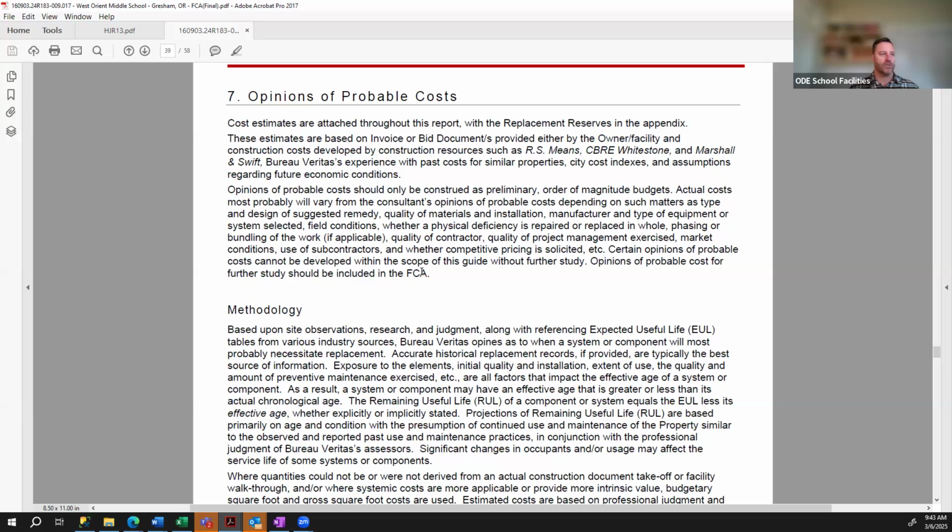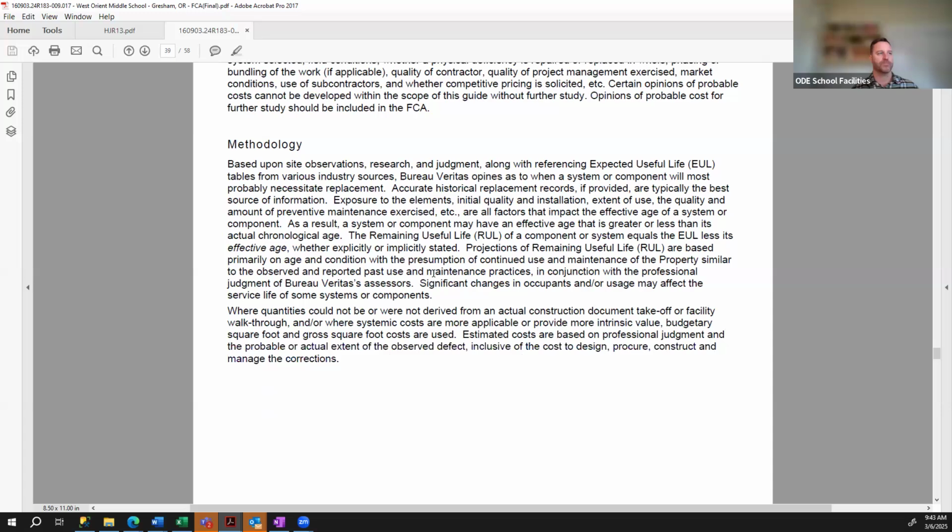The market conditions, subcontractor use, pricing of materials, the type of materials, these are all things that you'll have to factor in within your school district. Again, we're doing a like-for-like replacement.